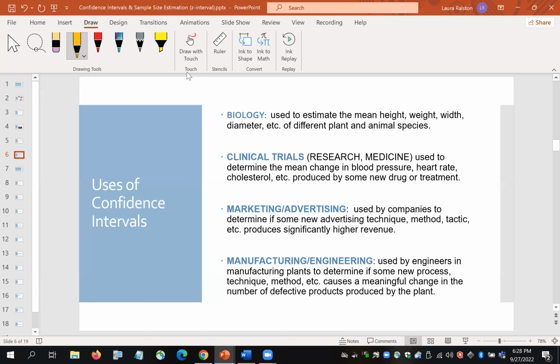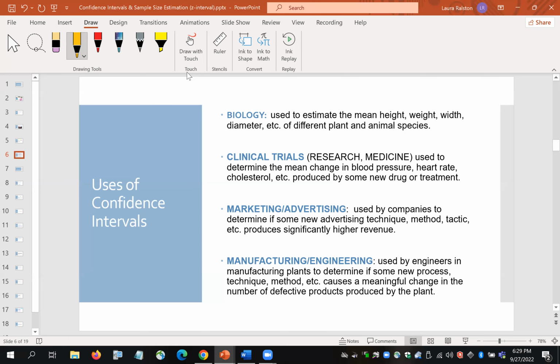It's also used in marketing and advertising by companies to determine if a particular advertising technique or method or tactic provides higher revenue, which then increases your profit. Manufacturing and engineering.